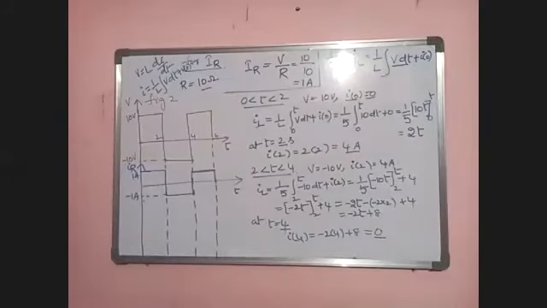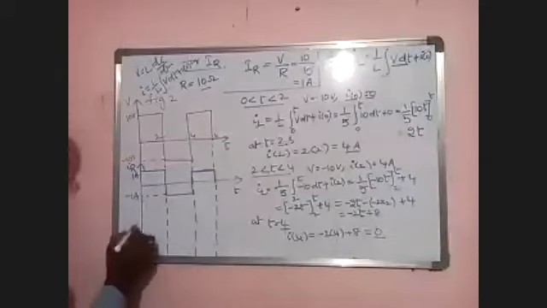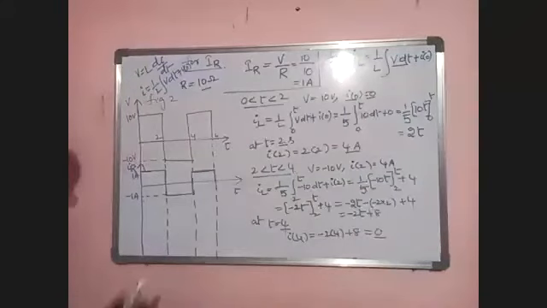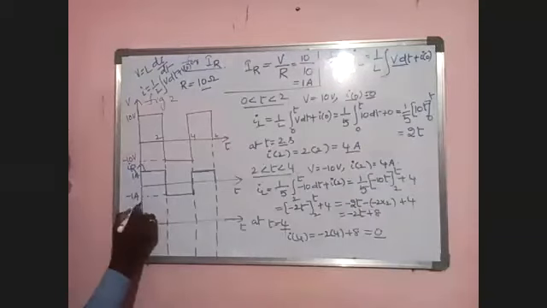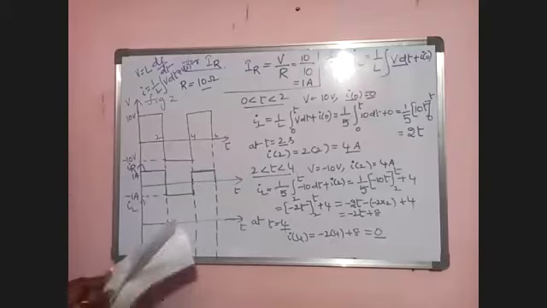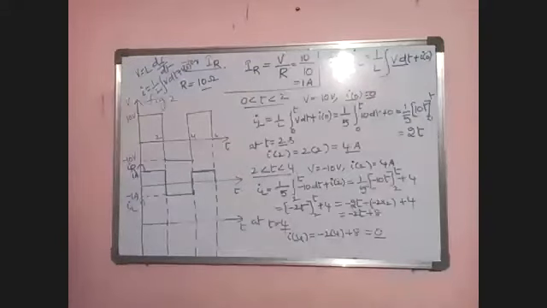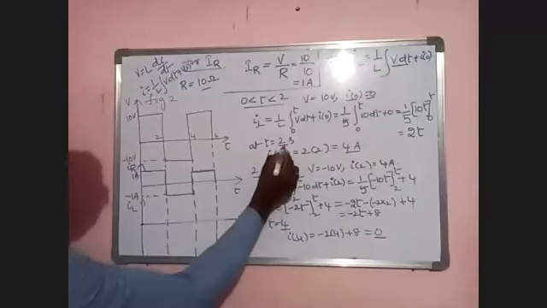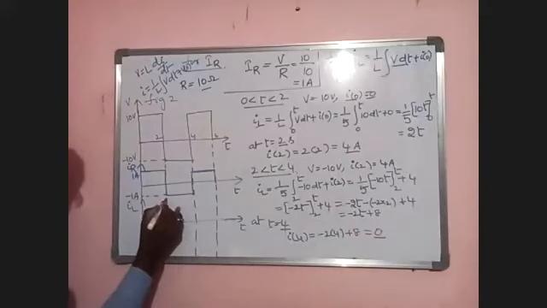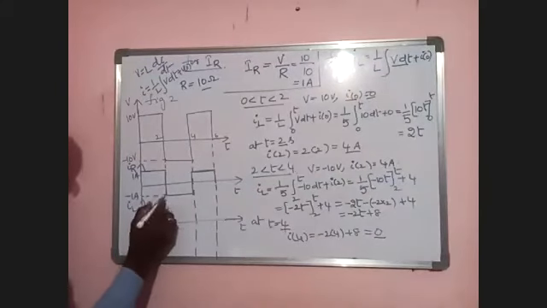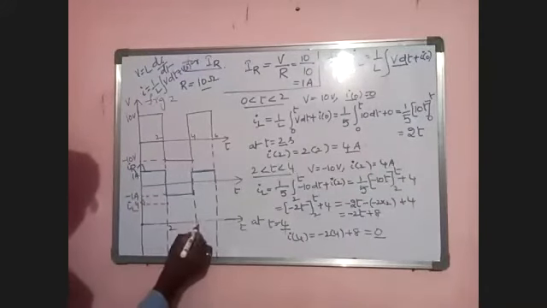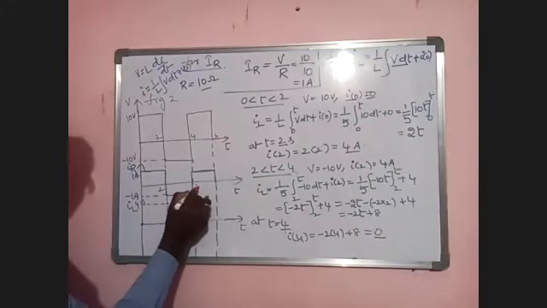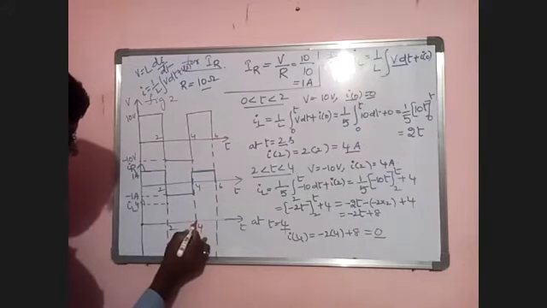So you need to mark all those points. Here is t, and there it is I L. At t equal to 0 it is 0, at t equal to 2 it is 4, and at 4 it is 0.